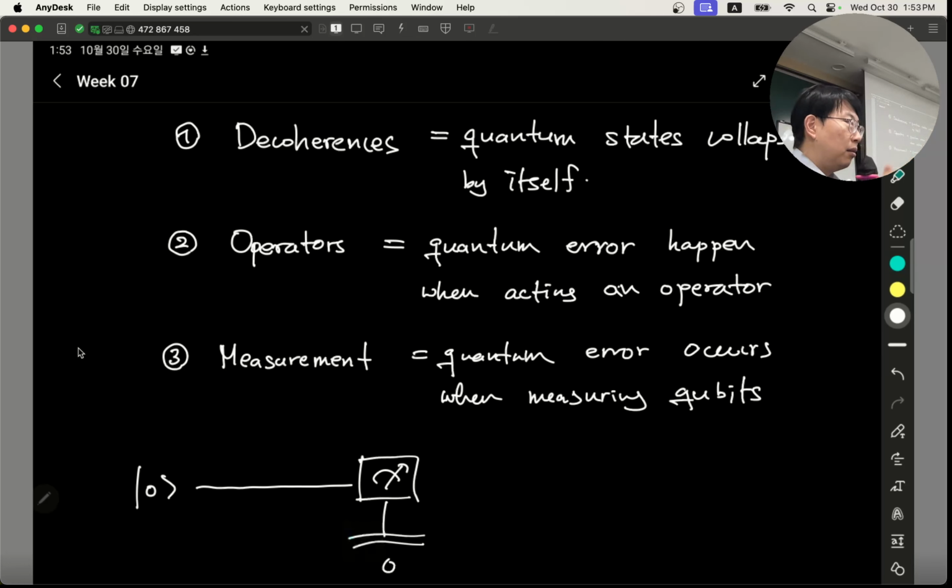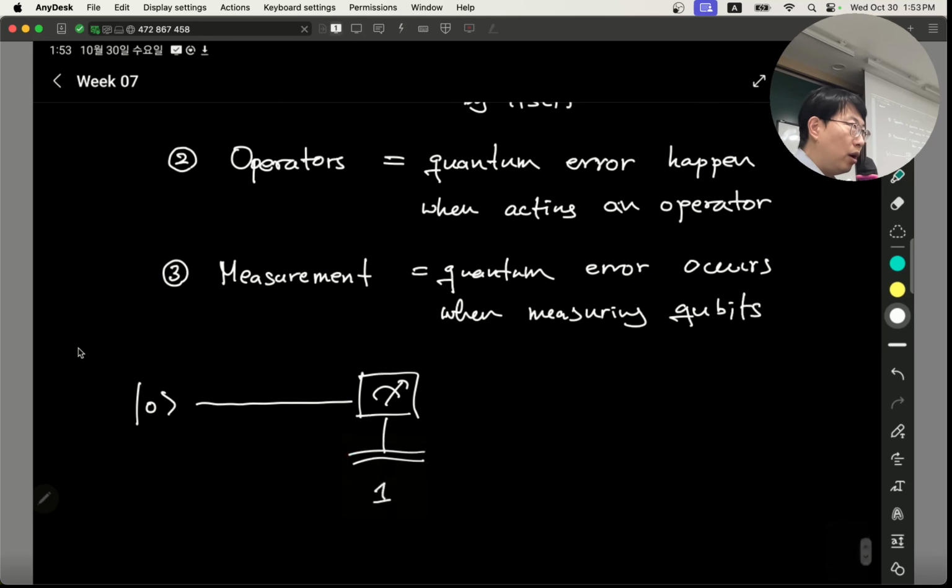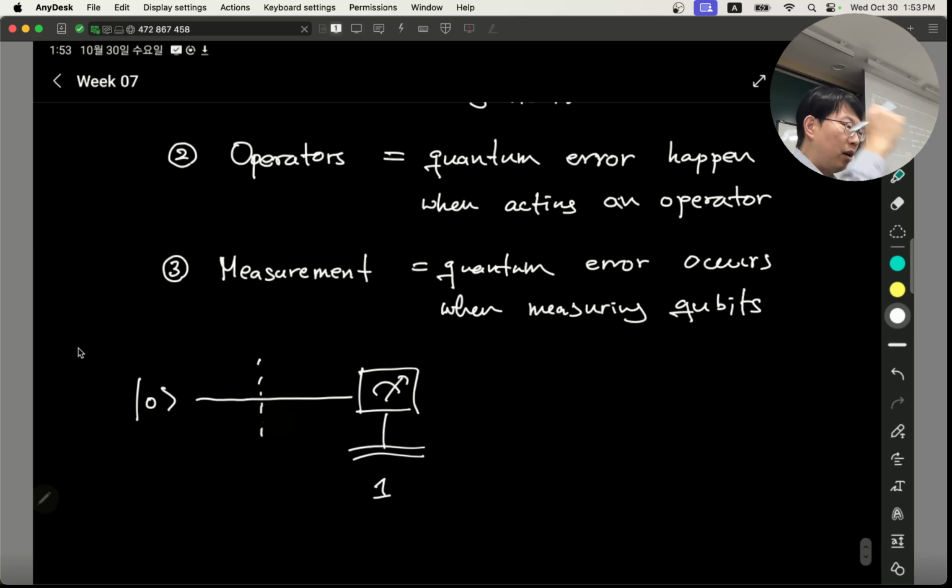Then you can say no error occurred. But if you find that the measurement outcome is 1, then you see there's something wrong in this period of time. Between the initialization and the measurement, there's some collapse going on. But we don't know whether it occurred during the waiting time, during the measurement, or for some other reason. We don't know the reason, we only know the result.